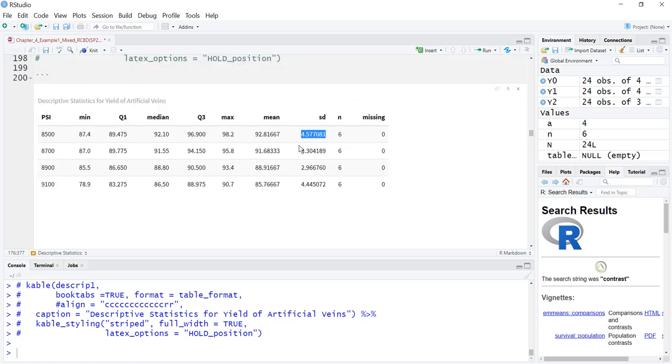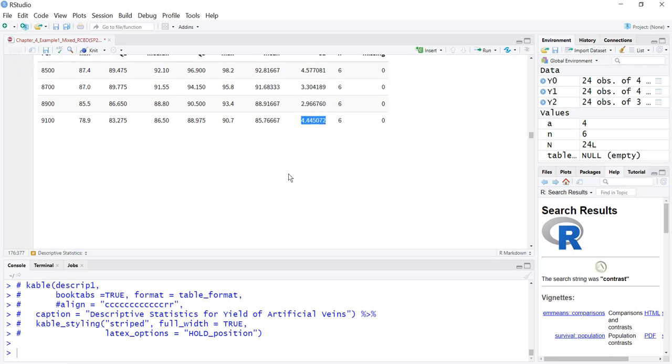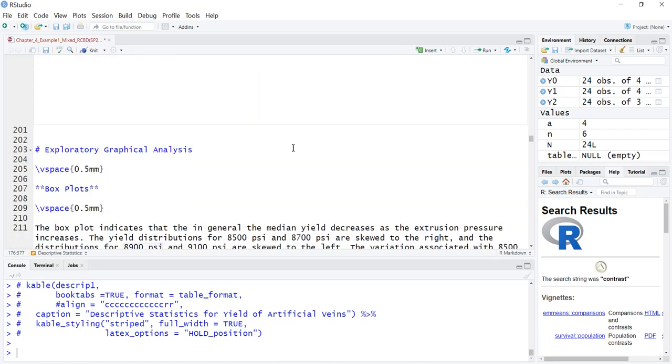You might actually expect the lower PSI to have bigger variation, and I would expect the higher to have less, but that's not what happened here. So it decreased until we got to 8,900, and then it went crazy again. Almost doubled. Well, 50% higher.